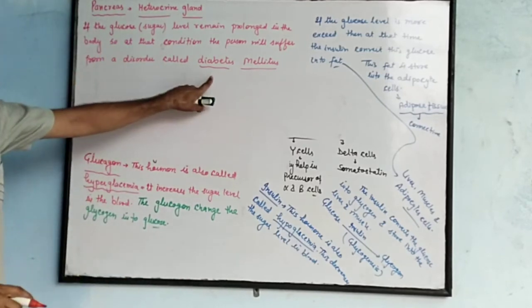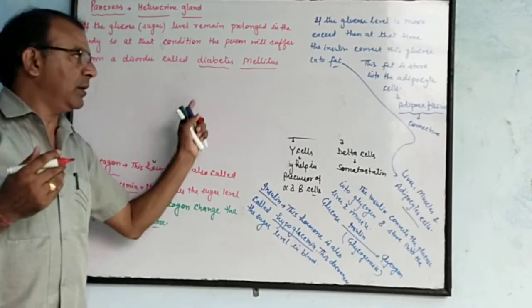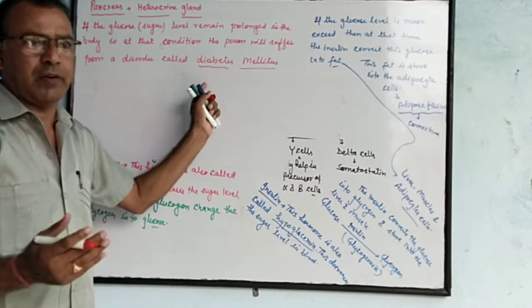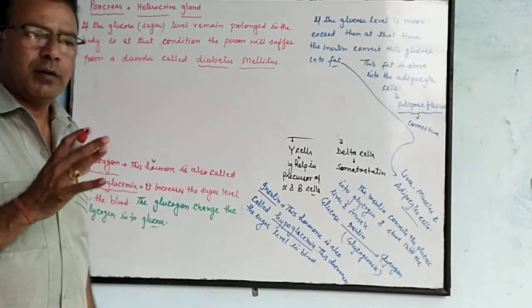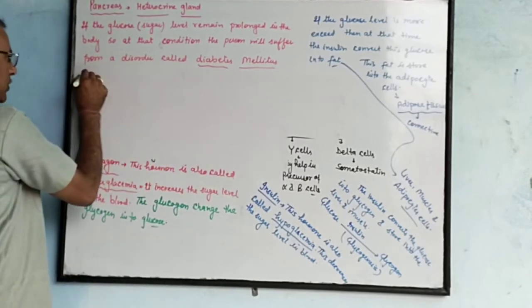In this condition, continued urination may decrease the sugar or glucose level in the body.